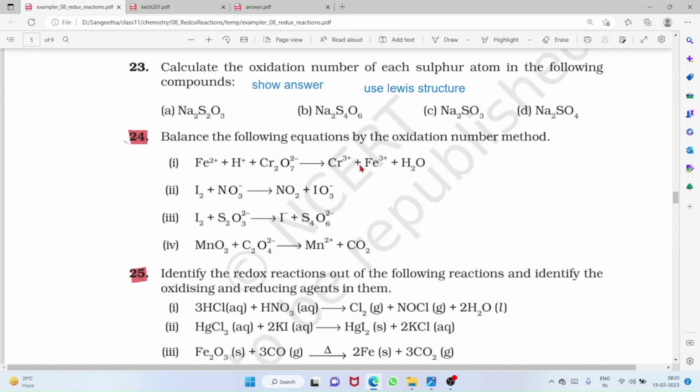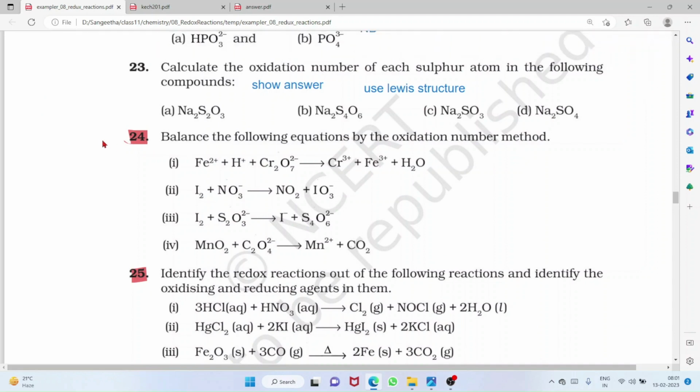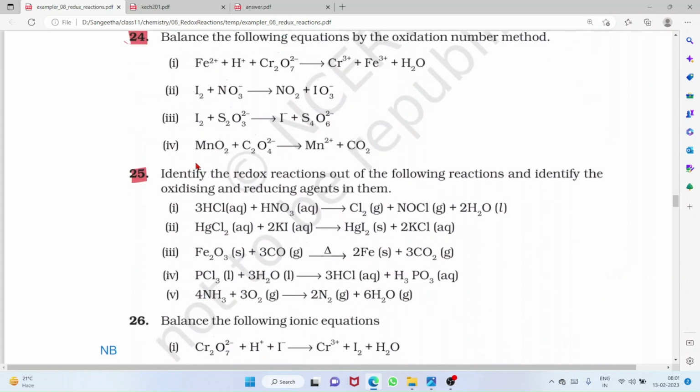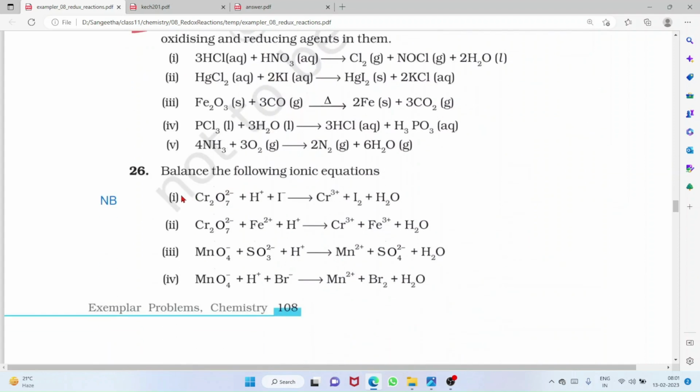Balance the following using the oxidation number method. You can go through that book, the solved problems of the oxidation number method of balancing the redox equation, and you try to solve yourself. Okay. Identify the reaction. This also you can do yourself.